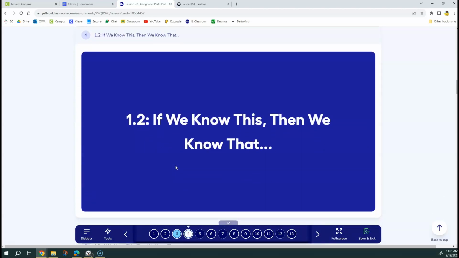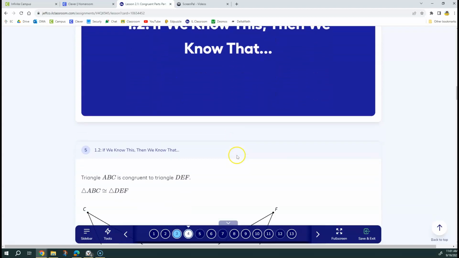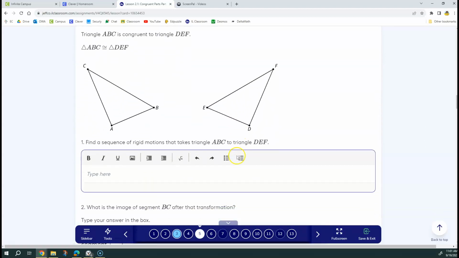Okay. This is the big part of the lesson. If we know this, then we know that. So our lesson is about congruent figures. And if you did not look it up, remember, congruent means the same. The same length, the same angle, the same shape, the same size. That is what congruent means.